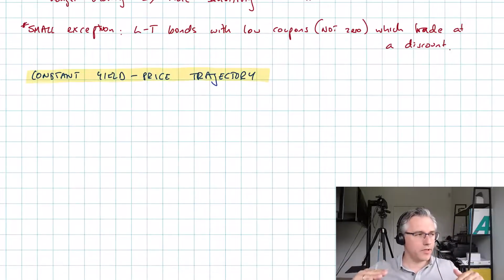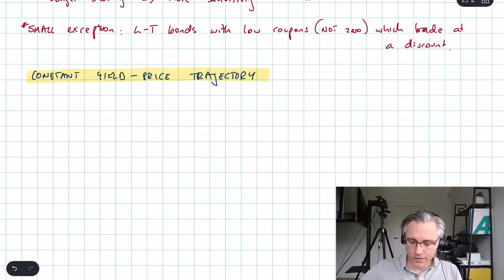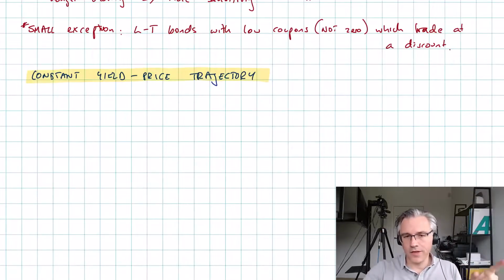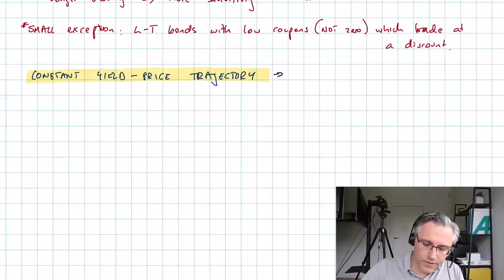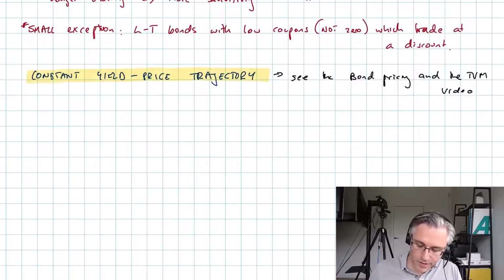That premium or discount disappears over time, providing other conditions don't change, and this is called the pull to par. I've discussed this in a previous video, so see the bond pricing and the TVM video. It's discussed over there with a graphical representation as well.